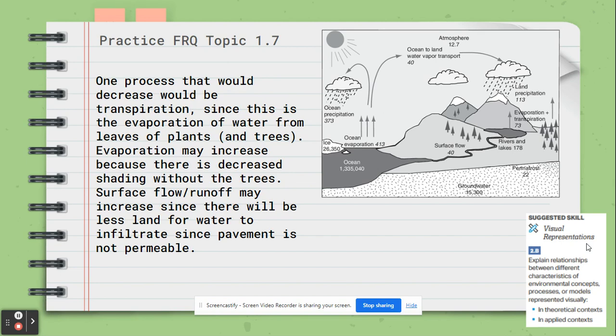Okay, at this point we should have answered our practice FRQ on your sheet as well as in the Edpuzzle. One process that would decrease due to deforestation would certainly be transpiration, since we said this is evaporation specifically from plants or trees. Some things that may increase due to putting in a paved area could be evaporation, because now there's decreased shade.